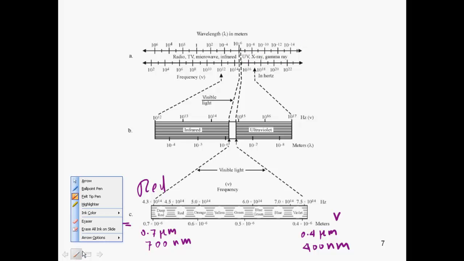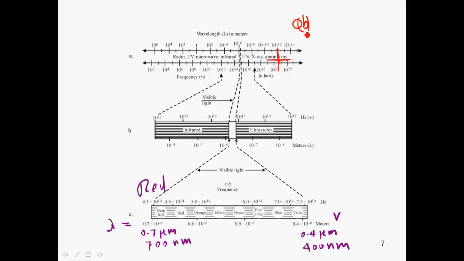And then let me change the color now. Let's use red. 10 to the negative 12. You see? It's right here. 10 to the negative 12. Right there. What does it say under it? Gamma rays.